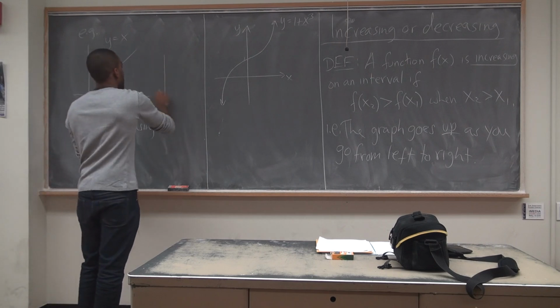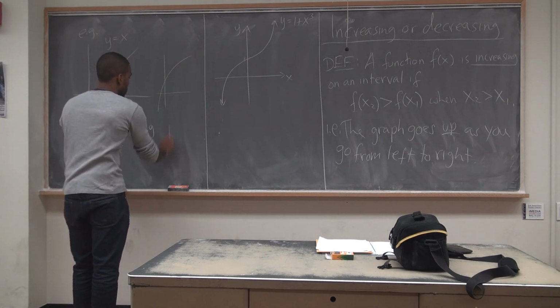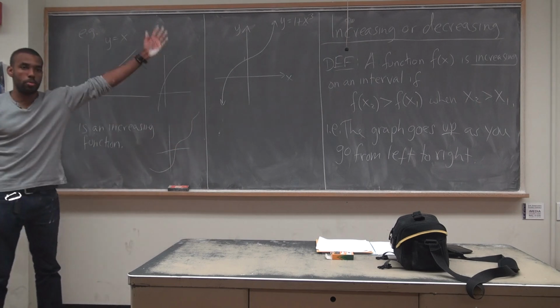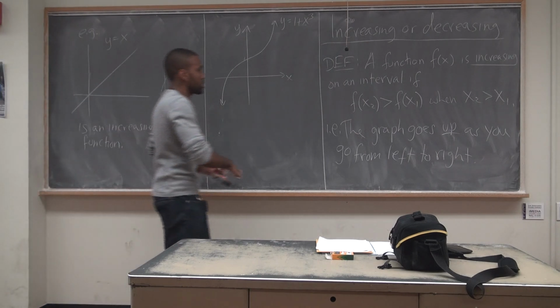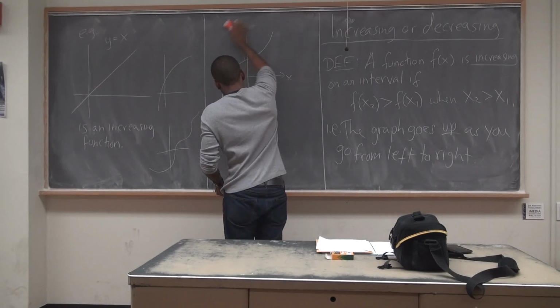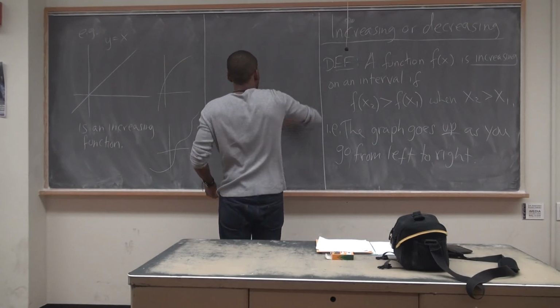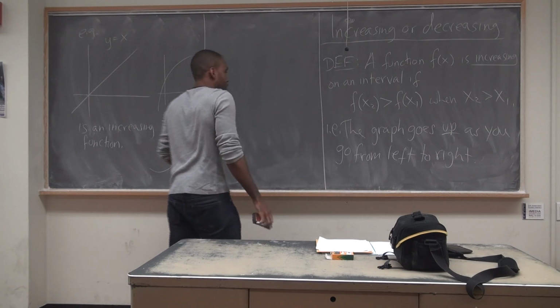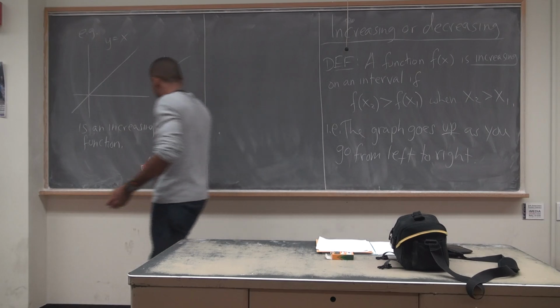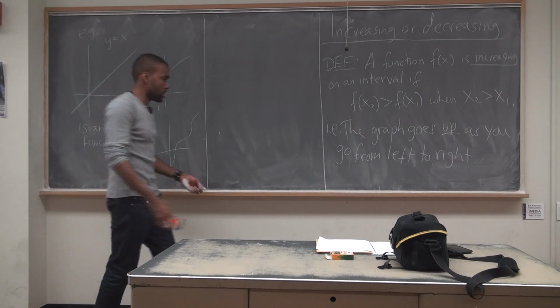That is an increasing function, right? You're going up as you move from left to right. Anything with a positive slope is an increasing function. A better way to say that is anything where the derivative is positive on the interval, we say it's an increasing function on that interval.